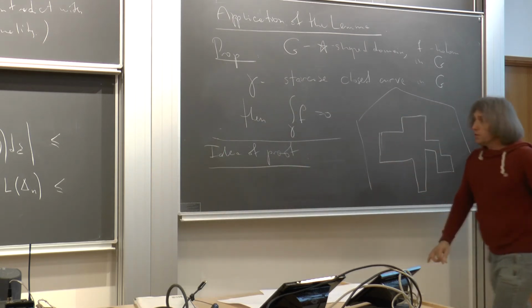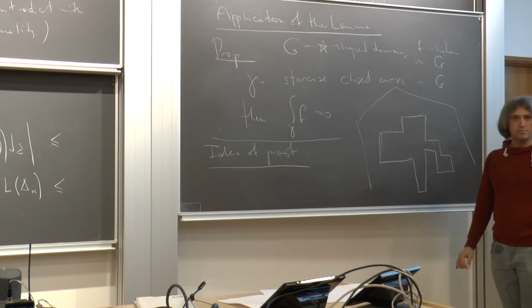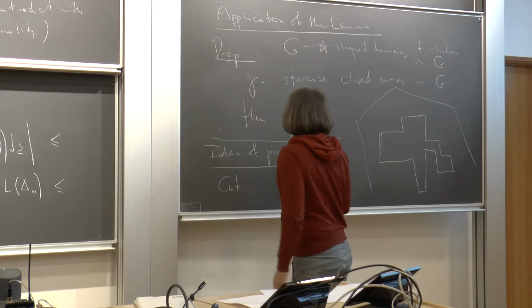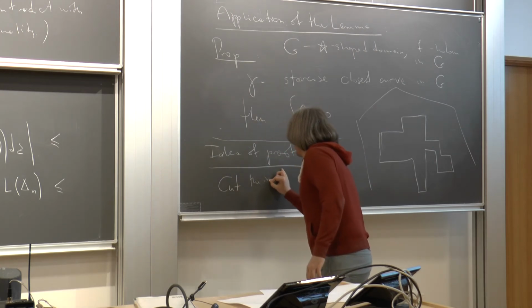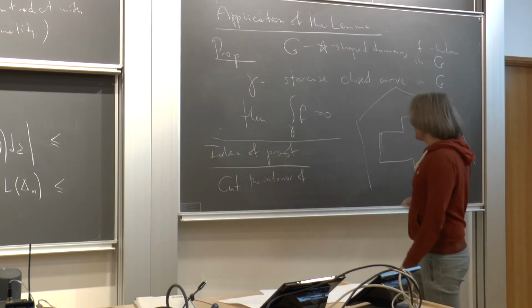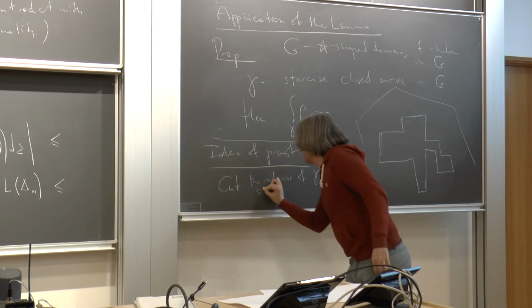So we are good with triangles. We can integrate over every triangle and get 0. Now you just cut the interior of this curve into triangles, into solid triangles.